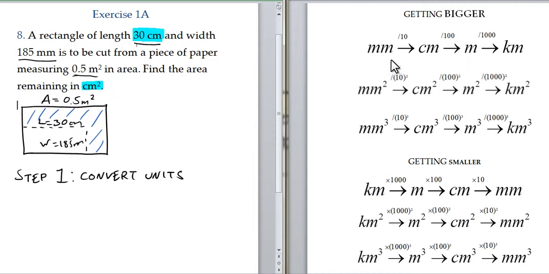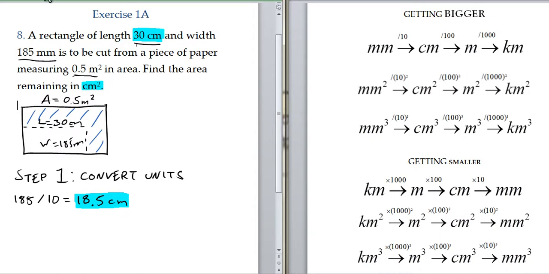We can't jump across to this next row. We've got to stay in the same row. So we've got to go into centimeters. Now from millimeters into centimeters, we divide by 10. So we do 185 divided by 10 to give us 18.5 centimeters. All right, so now that's in centimeters, it's okay. So that's half of step 1 done.